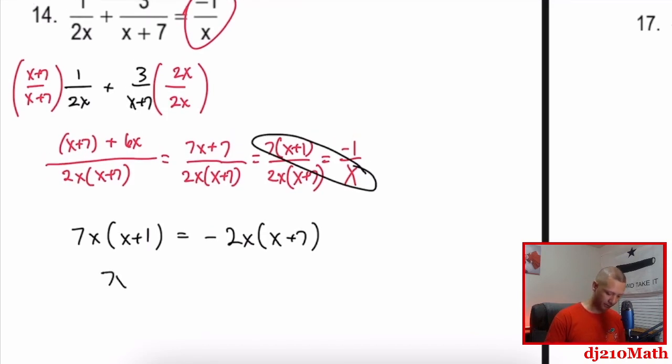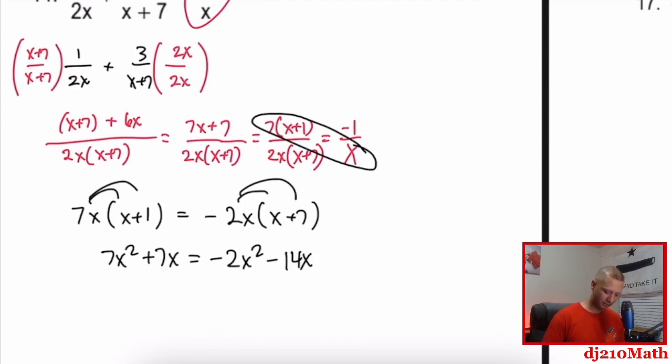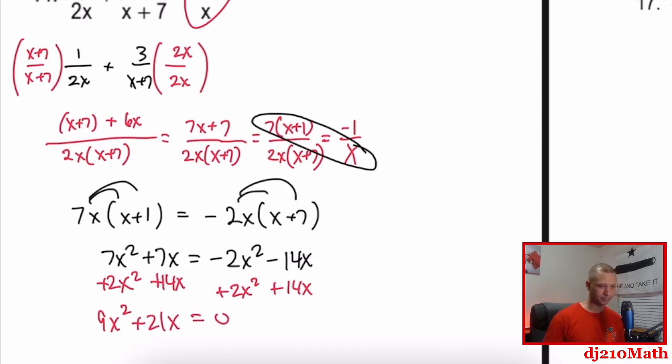All right, now we can distribute and combine like terms. This is going to be 7x squared plus 7x. This is going to be -2x squared minus 14x. Combining like terms, moving everything to the left, we're going to get 9x squared plus 14 plus 14, that's 21x equals 0.